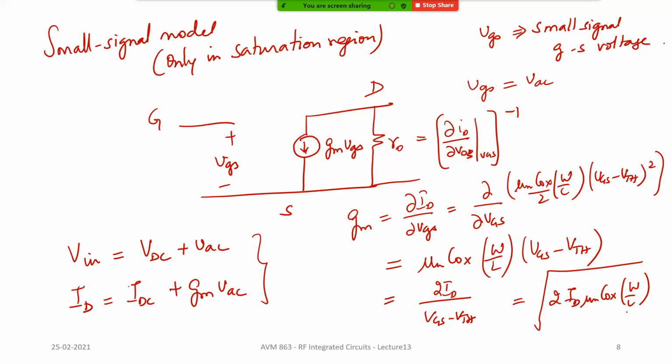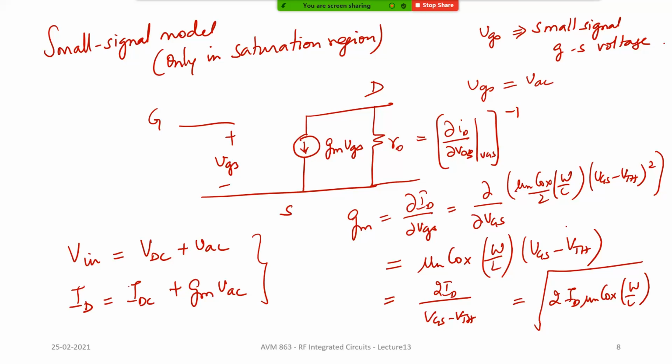You can see that GM, where I have written capital VGS, is a function of the bias voltage. The small signal model is valid only for a certain bias voltage, and as you change the DC bias, the GM changes. Even R0 will change.